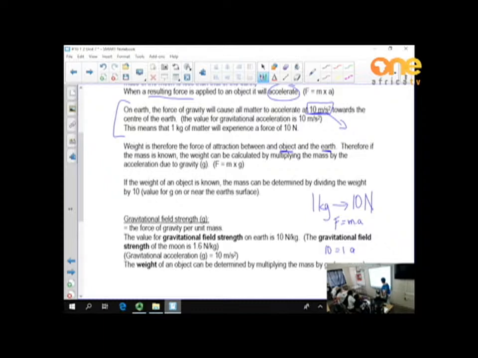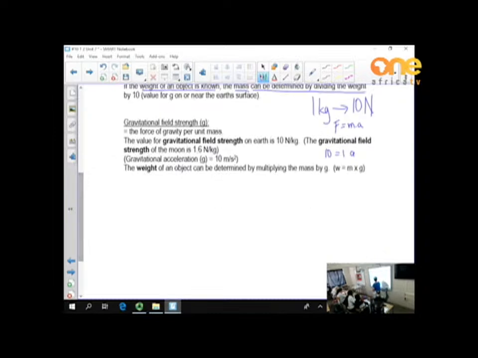All right. So, if the weight of an object is known, we can determine the mass by dividing the weight by 10. Okay. Now, the gravitational field strength is the force of gravity per unit mass. Gravitational field strength is the force of gravity, 10 Newton, per unit mass, kilogram.